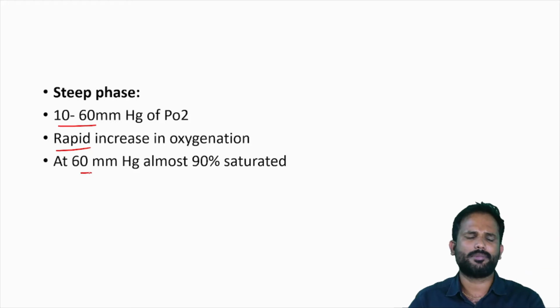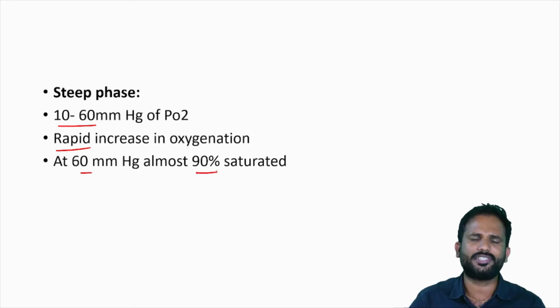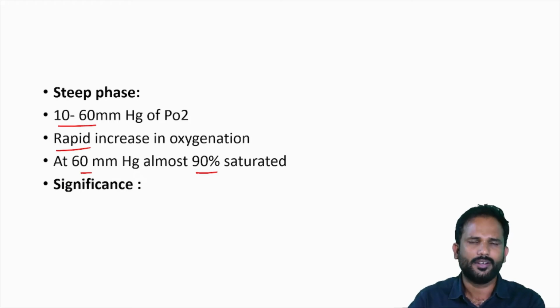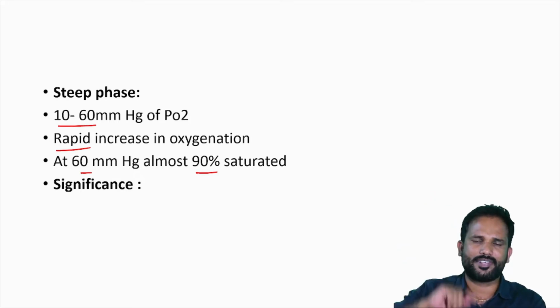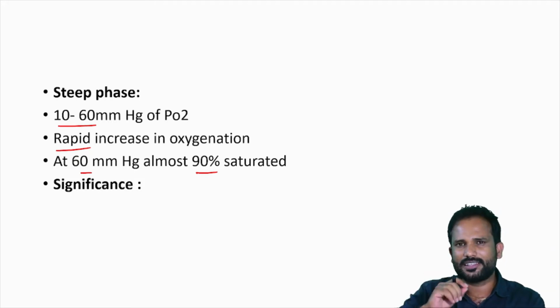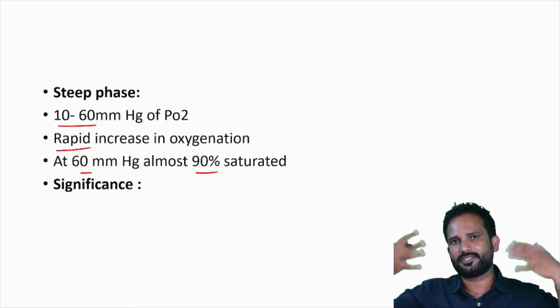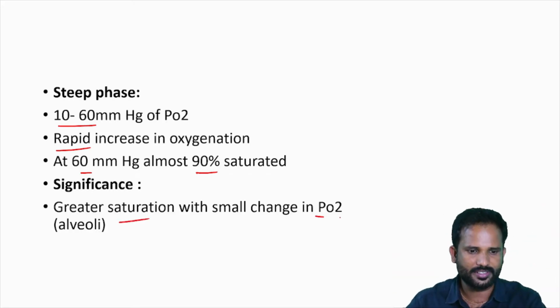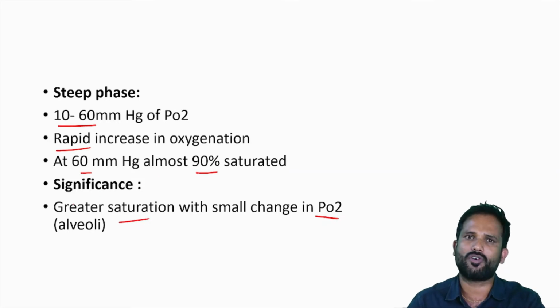At 60 mmHg, almost 90% of hemoglobin is saturated. And what is the significance of this steep phase? With little change in the partial pressure of oxygen, major saturation of hemoglobin occurs. So greater saturation with small change in partial pressure of oxygen, and that occurs at the alveolar level.